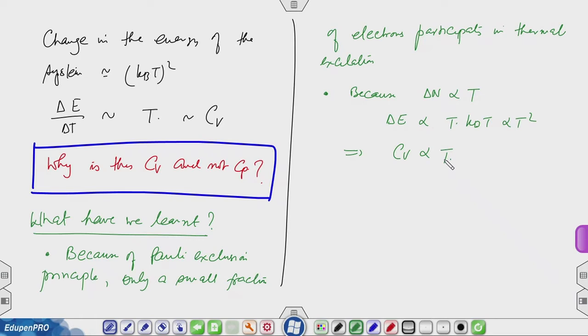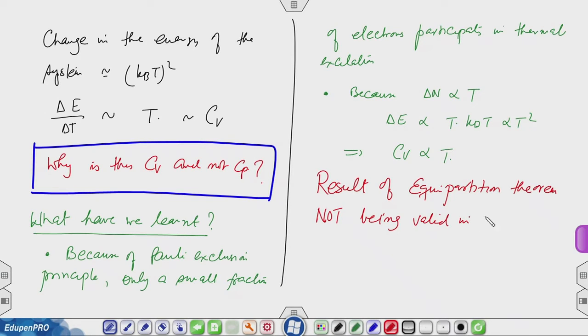So, what we have learnt is that because now these levels are filled because of Pauli principle, no longer equipartition is valid, and that causes only a small fraction of electrons to get excited, and therefore, very small energy is taken, and that energy change comes out to be proportional to T square when you raise the temperature by T, and that gives you the answer for Cv proportional to T. So, this is a result of equipartition theorem not being valid in quantum mechanical systems.